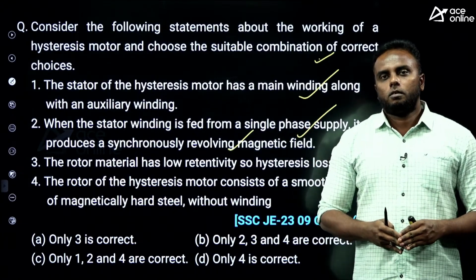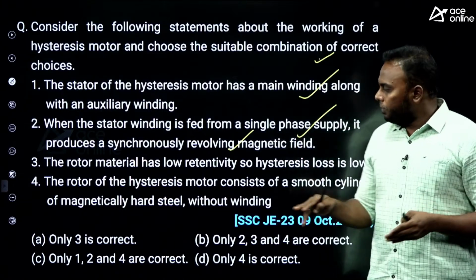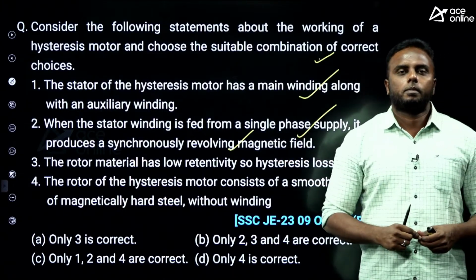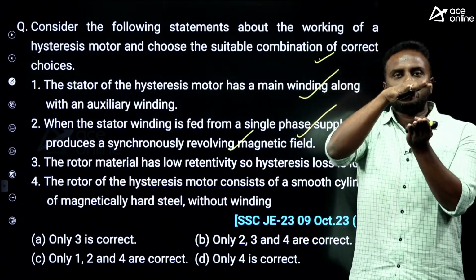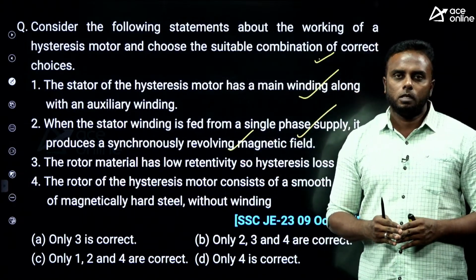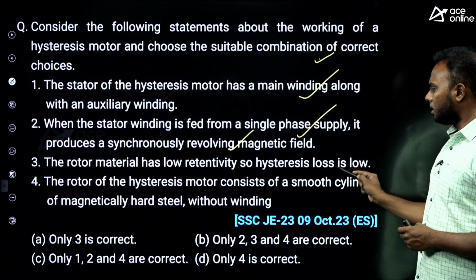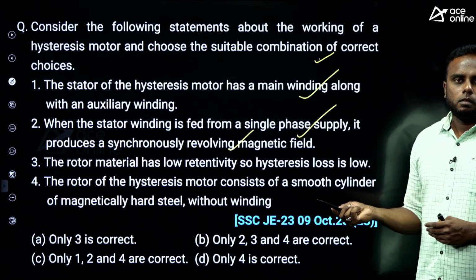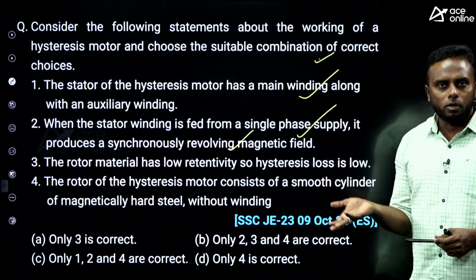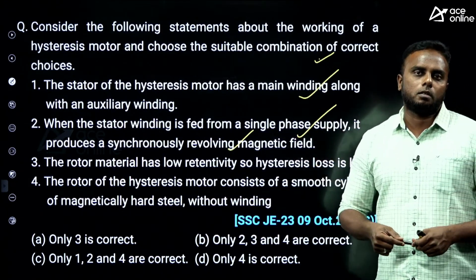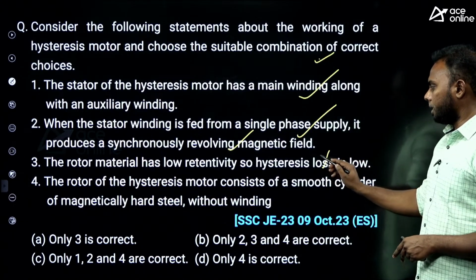But with low retentivity, the height reduces, then the area also reduces a little. So this is not preferred. Hysteresis loss is low here, but we need more hysteresis loss, because based on hysteresis loss or power we get the required torque. So this is a wrong statement.